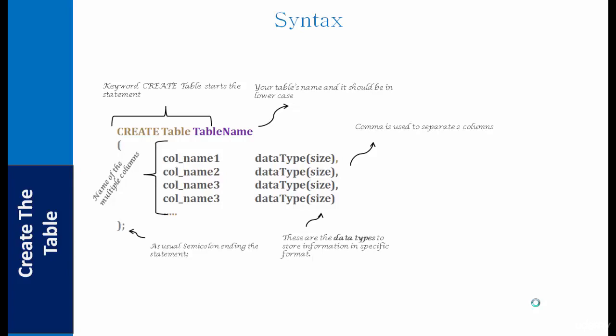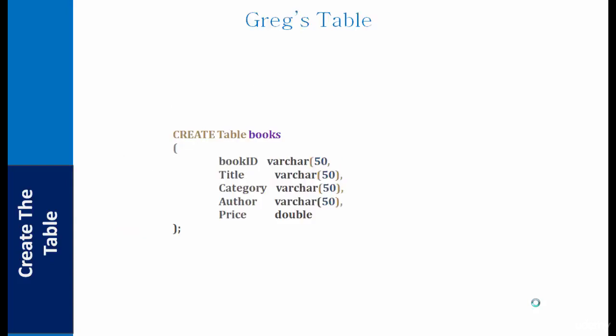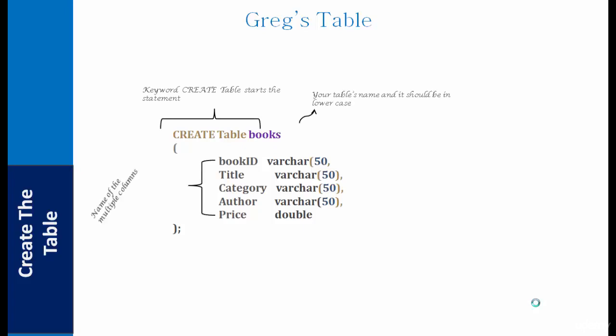And as usual, the statement ends with a semicolon. Let's use the same syntax to create Greg's book table. His book table contains book ID, title, category, author and price columns. So the table name is books and the columns are book ID, title, category, author and price. Commas are used to separate two columns, and finally the statement ends with a semicolon.